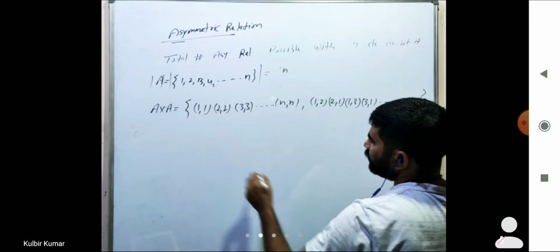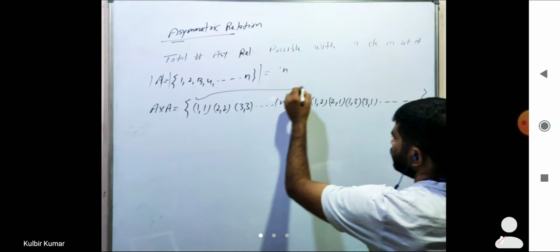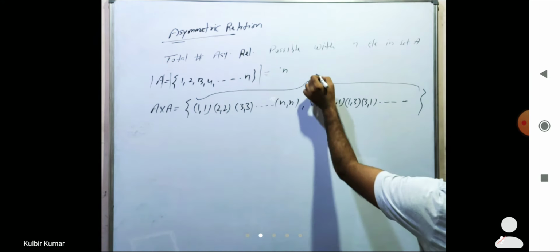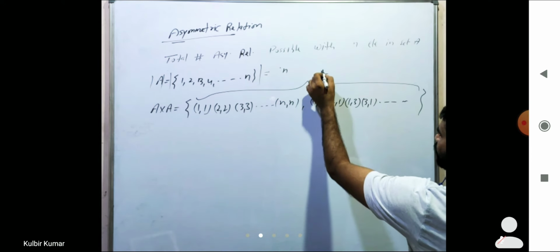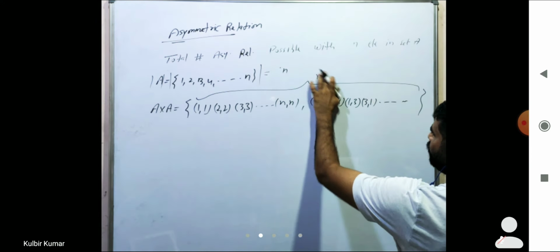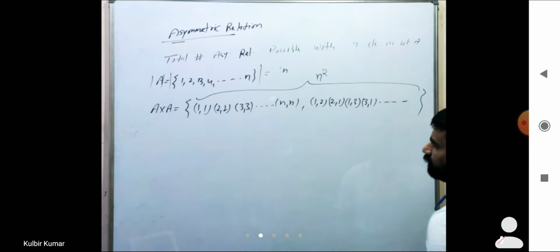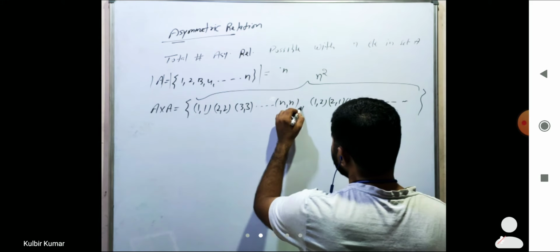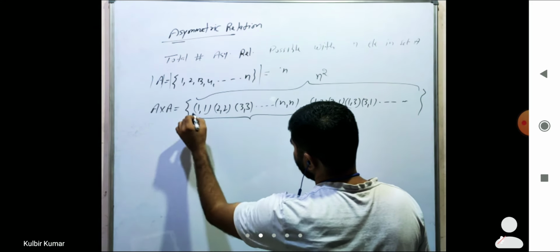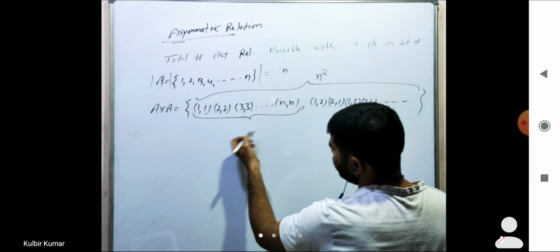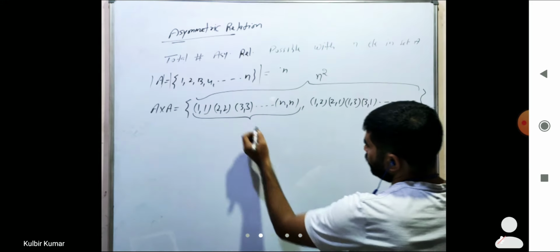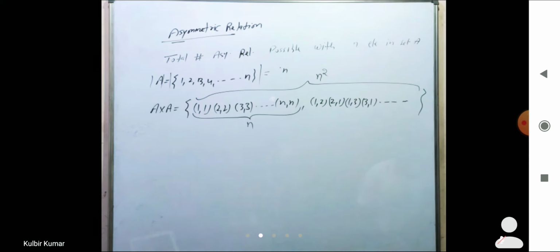It is n square. So total elements, or total ordered pairs, are n square, right? And how many diagonal elements are there? Diagonal ordered pairs are n, right?